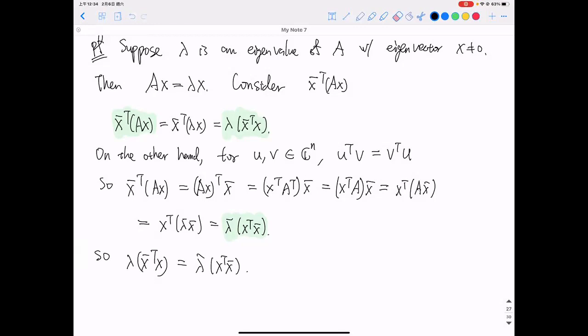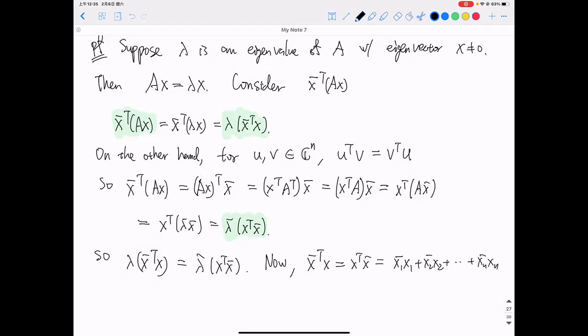Now, x bar transpose x and x transpose x bar are actually equal. They are just x1 bar x1, x2 bar x2, up to xn bar xn.